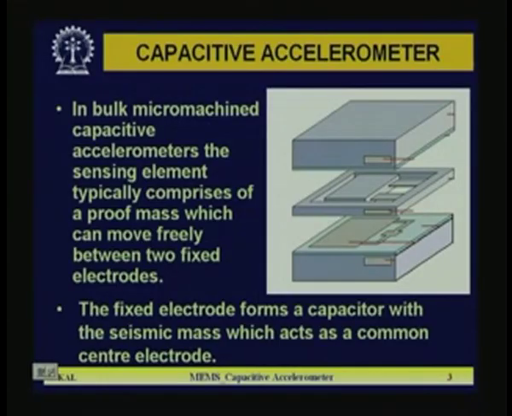Now, the structure of the capacitive accelerometer is shown in the figure here, and this figure has 3 modules. The middle piece is basically the sensing element, and it comprises a probe mass, also known as a seismic mass, which can move freely between two fixed electrodes. One is held at the top and another is held at the bottom.